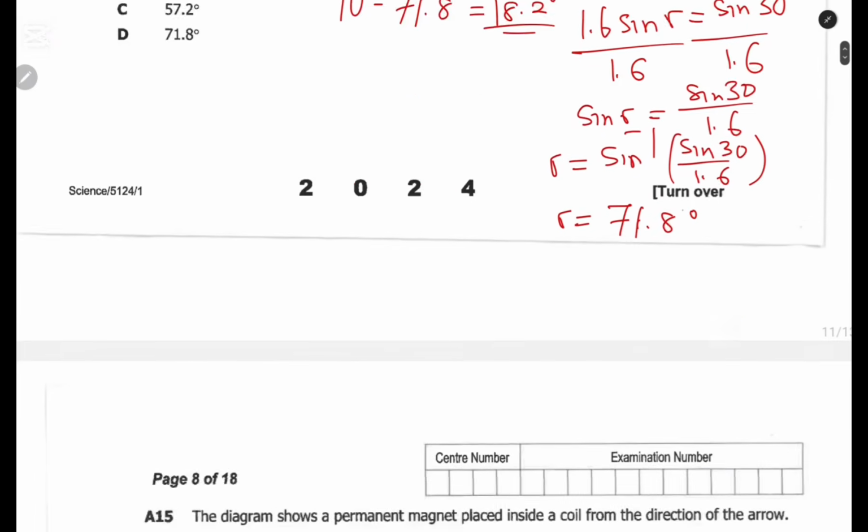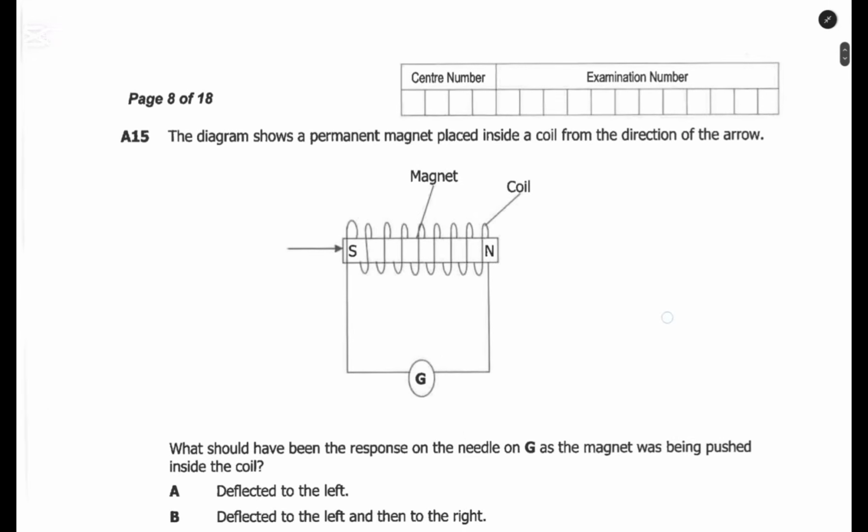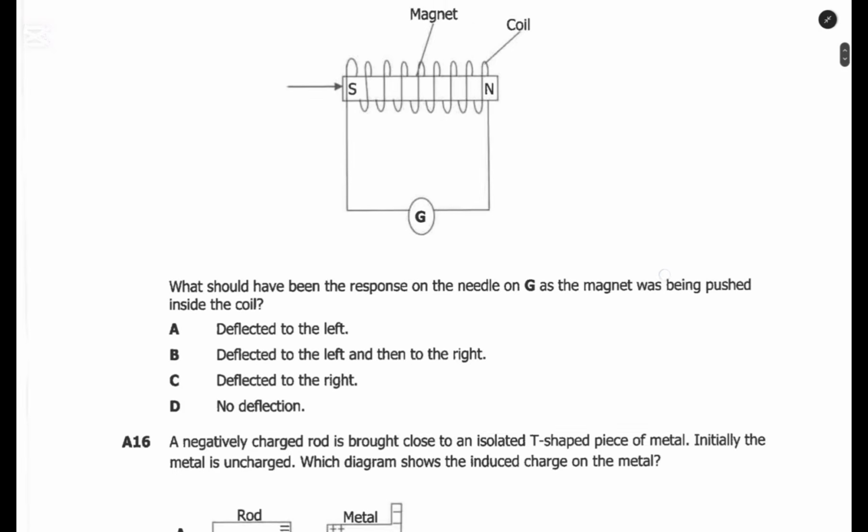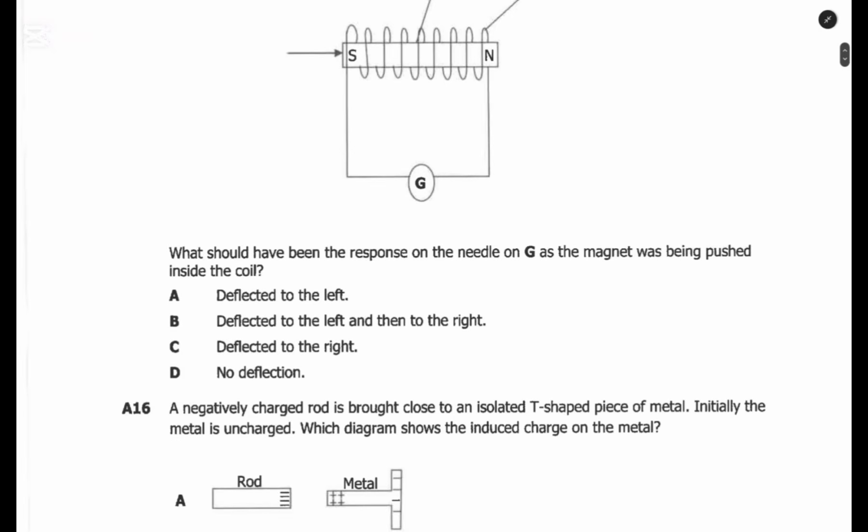Okay. All right, question 15. The diagram shows the permanent magnet placed inside the coil from the direction of the arrow. What should have been the response of the needle on G as the magnet was being pushed into the coil?